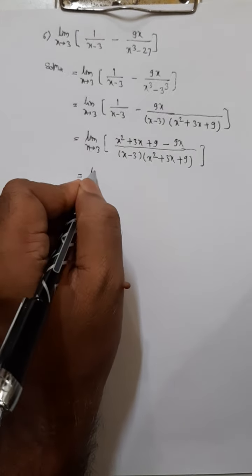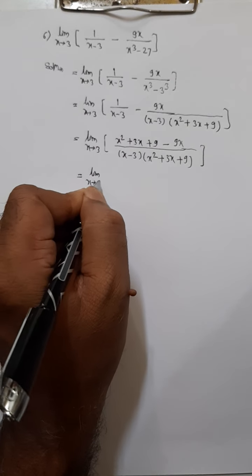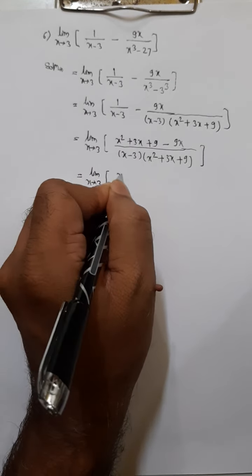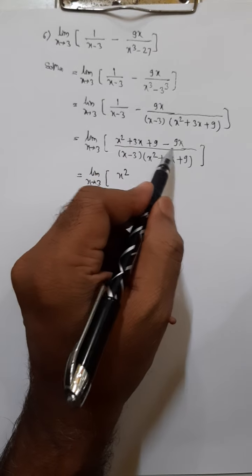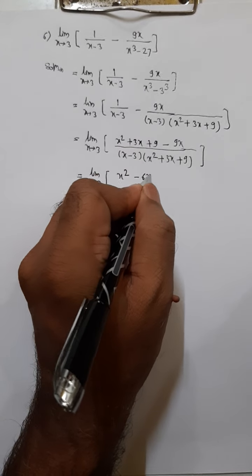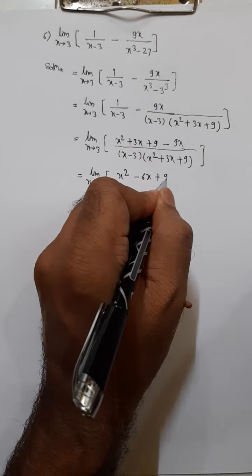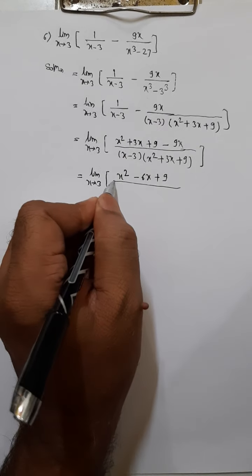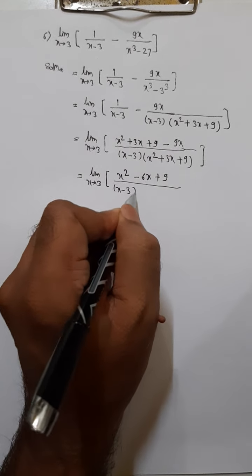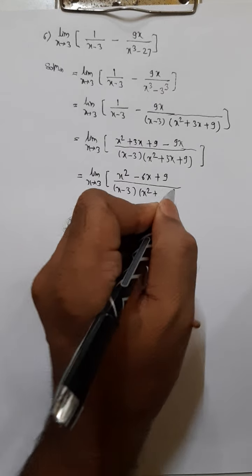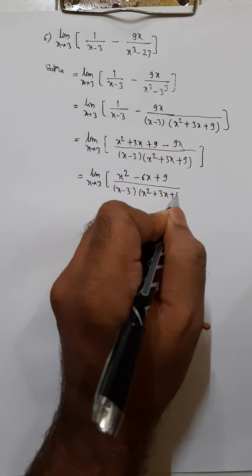So it is equal to limit as x tends to 3 in bracket x square plus 3x minus 9x minus 6x plus 9 divided by x minus 3 into x square plus 3x plus 9.